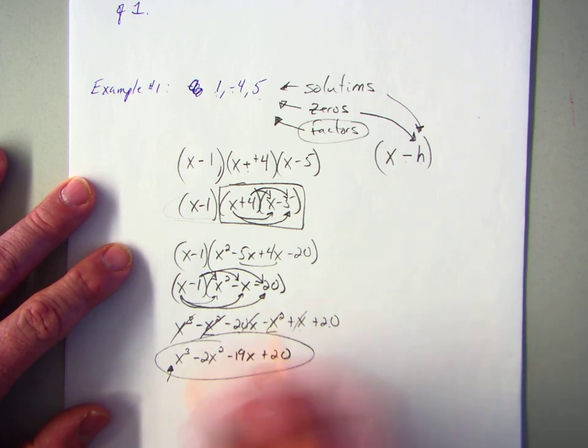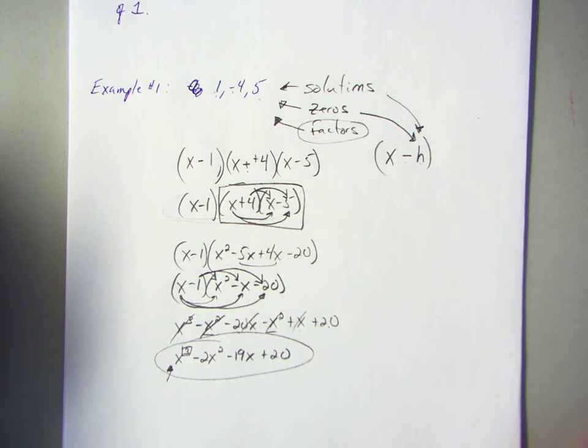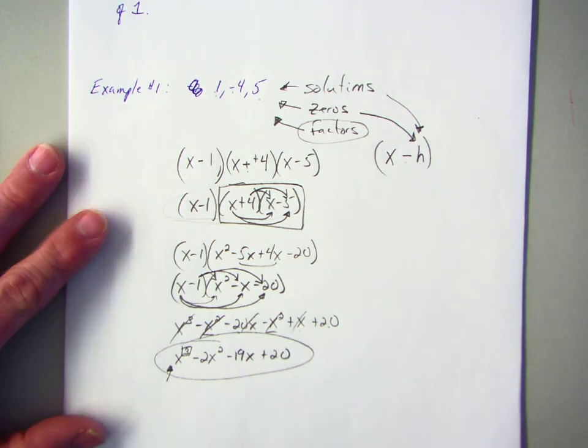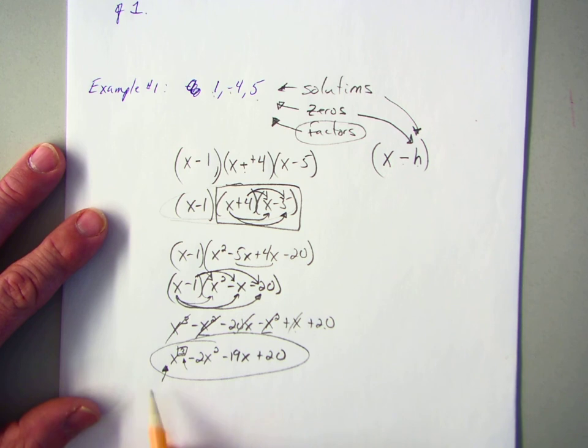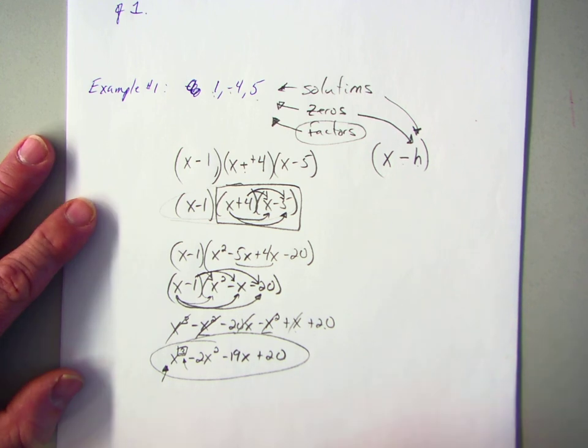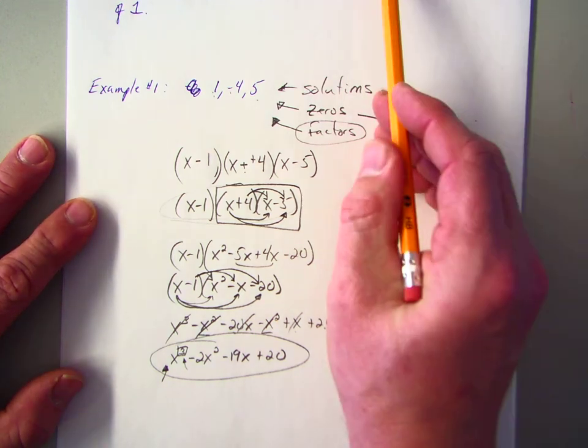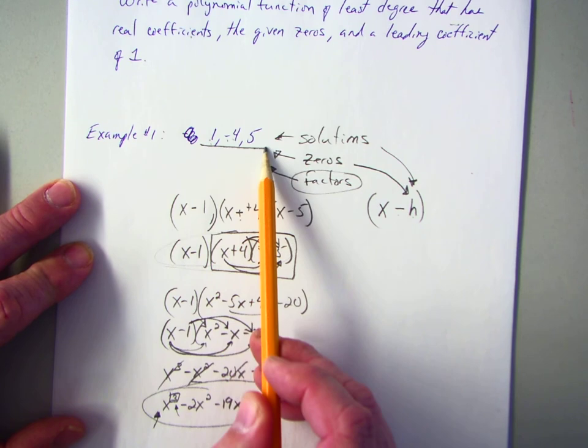And the least degree, in other words, the degree of this polynomial happens to be 3. In all the problems you'll be doing in the book and on the test or quiz, you'll end up with a degree of 3. I'm keeping them simple. So that is how you write a polynomial function given 3 solutions.